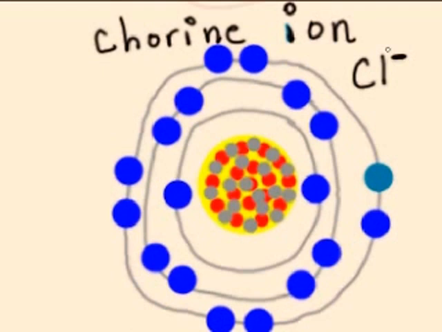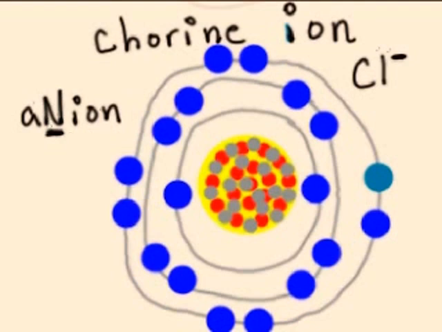Now, if an ion has a negative charge, we call it an anion. A-N-I-O-N. And you can use N to remember negative. An anion has a negative charge.